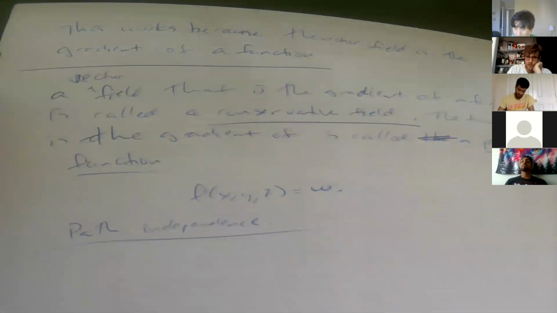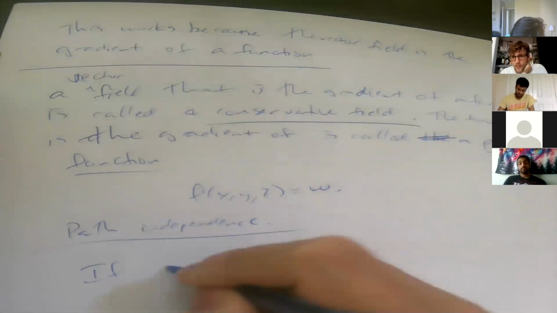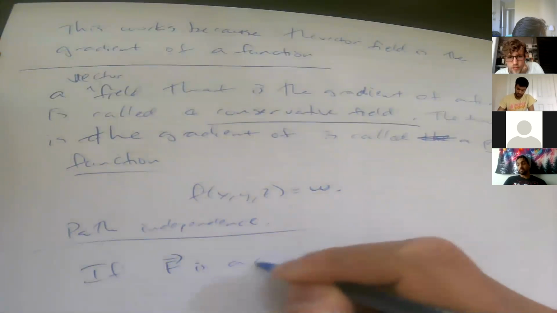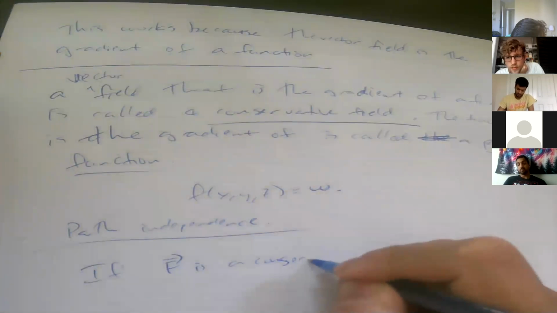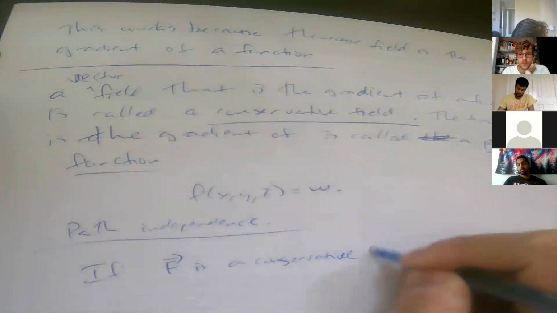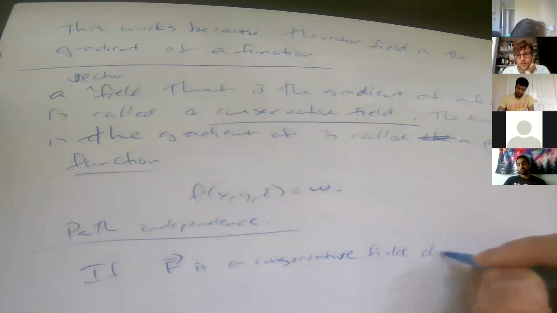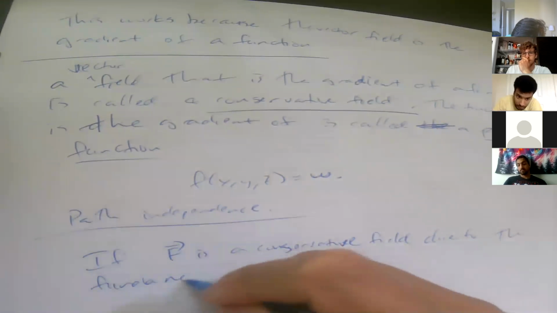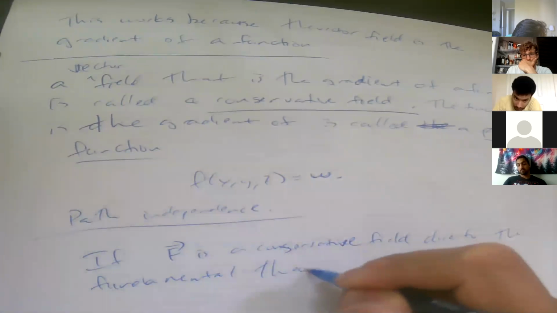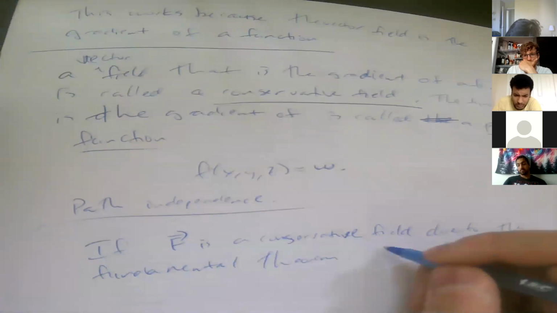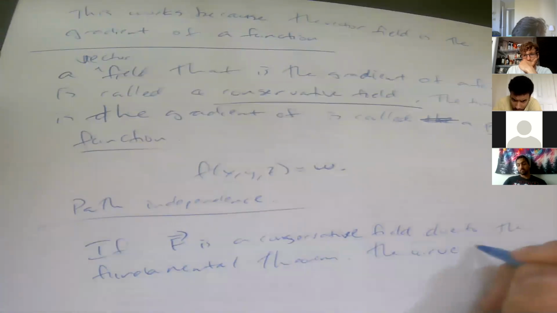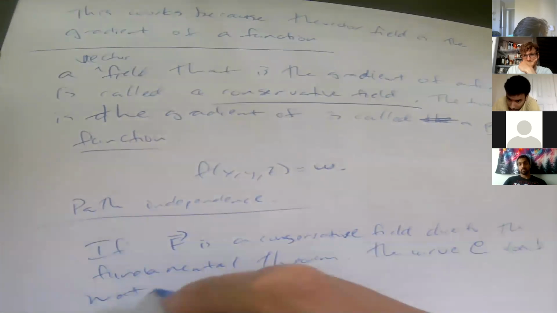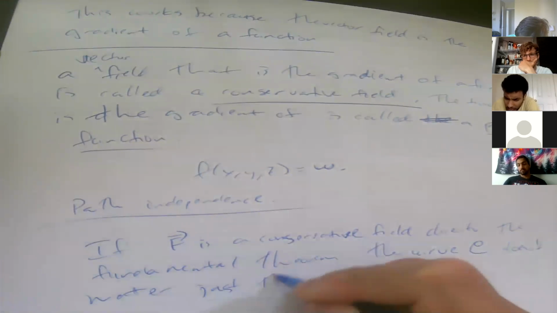So I'm going to write that down because this is very important. If F is a conservative field, due to the fundamental theorem, the curve C doesn't matter. Just the endpoints.